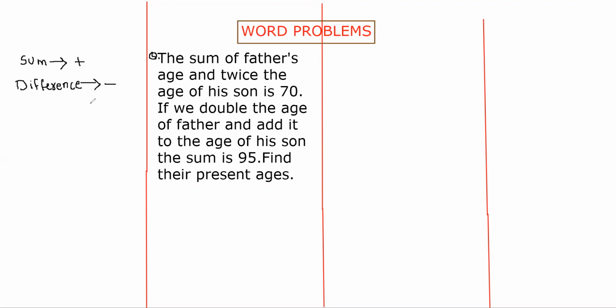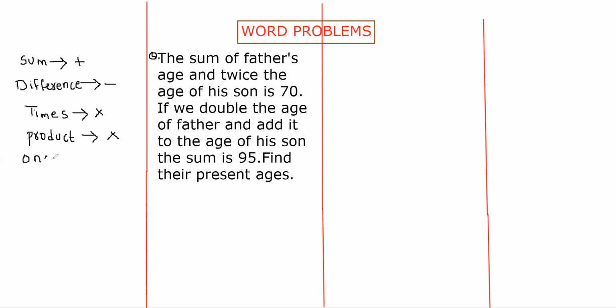Now, when we have to multiply, which word represents multiplication? That is times: 4 times, 5 times, 6 times. It represents multiplication. Product is also one of the words which represents multiplication.